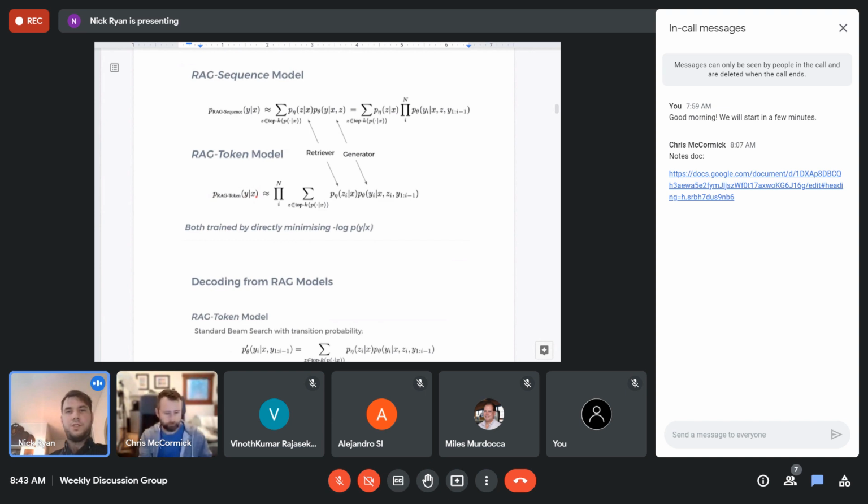If you were trying to answer questions about different engine parts and you had a fact sheet for each engine part, you wouldn't necessarily want to use a RAG token model because I don't want it getting confused, seeing some words here and then going to another document to find that. I'm really just interested in the fact sheet from my one engine part. So the RAG sequence model might make sense here. I know the answer is just going to be in that one document.